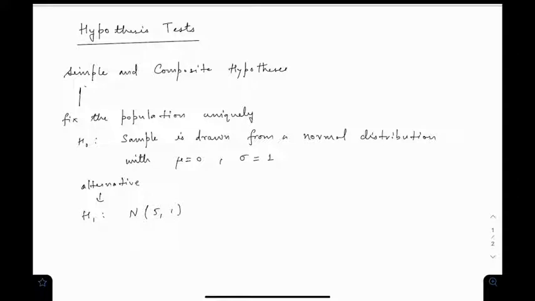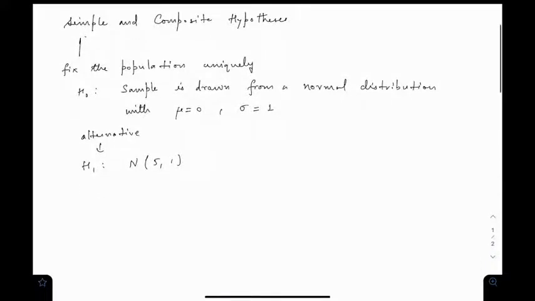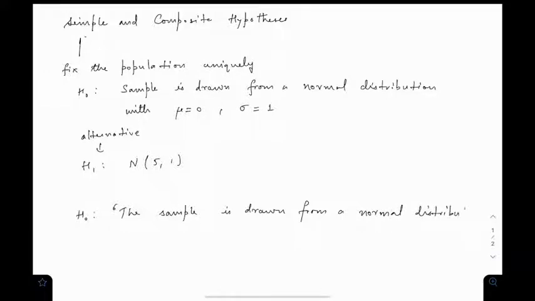Composite hypotheses are characterized by free parameters. So if we just said that the sample is drawn from a normal distribution without specifying the mean and the variance, the mean and variance will be adjusted by the user, and the user will have to test whether the adjusted Gaussian is compatible with the data.